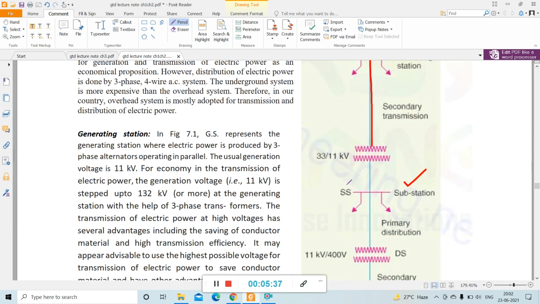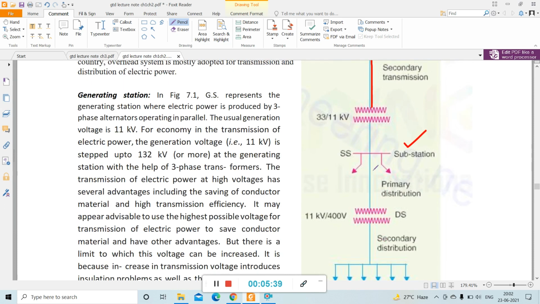At the substation level, this portion is the primary distribution. Through the primary distribution line, it reaches the distribution substation. Here the voltage is stepped down from 11 kV to 400 volt. These lines also act as feeder lines.